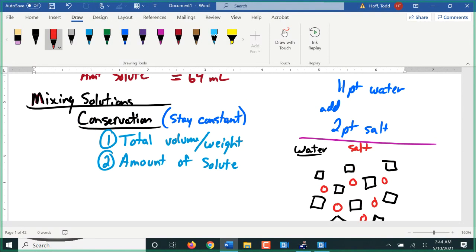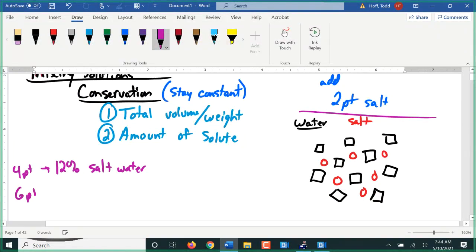But if I have one solution that's, let's say, a 12% salt water solution, and let's say I have 4 pints of that, and I add that to 6 pints of 15% salt water solution.